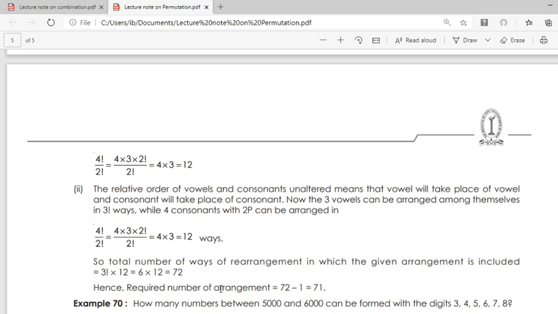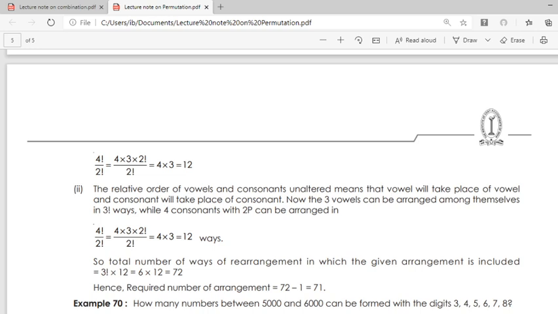Now, your answer will not be 72, because these ways of rearranging include the original arrangement. So you now have minus 1, because you were told that the relative order of the vowels and consonants is unaltered.